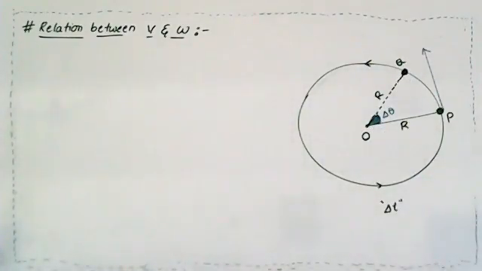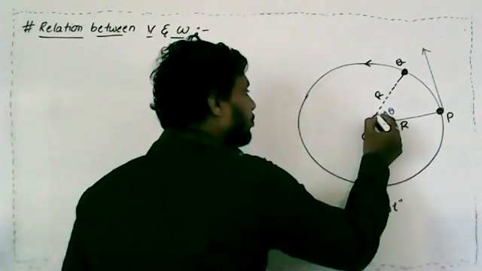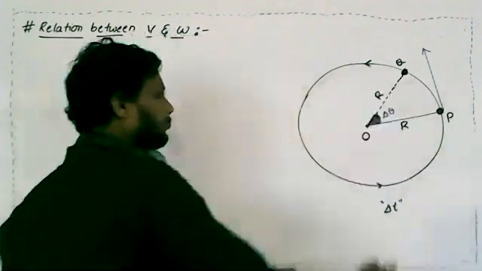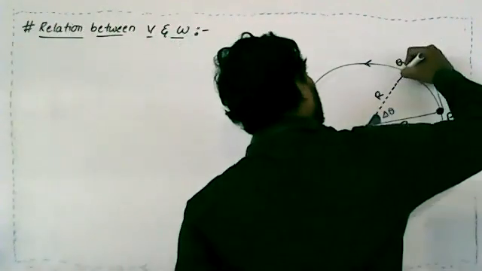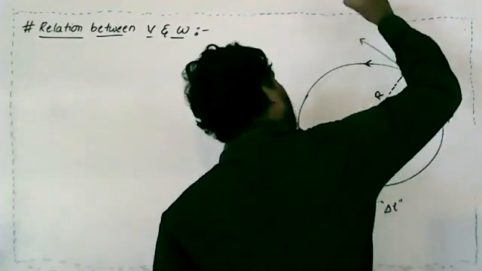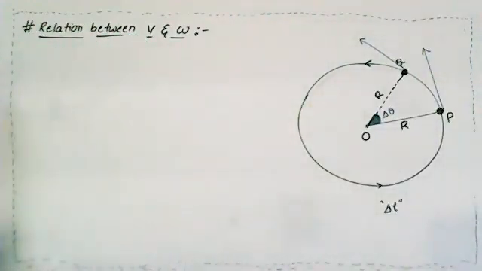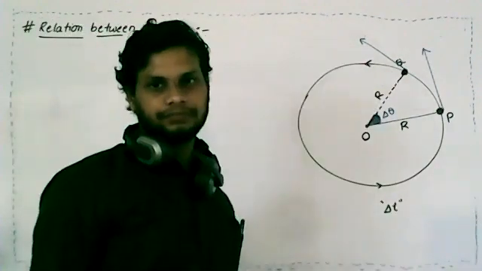Now, if you draw the tangent at point Q, the tangent will be in this direction.